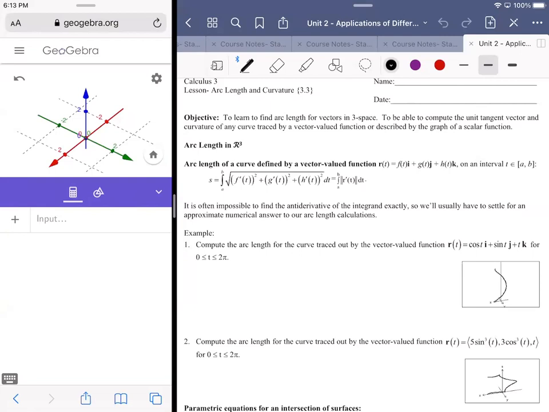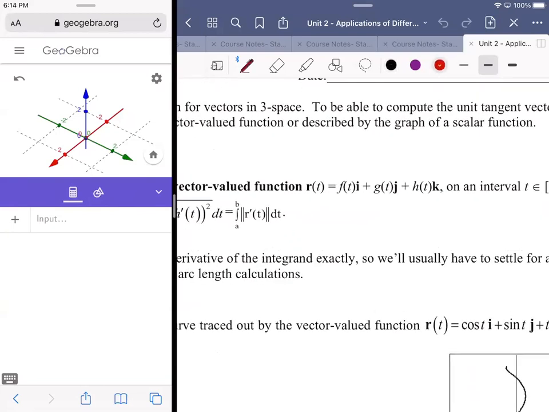And so that's actually what's happening here, because if I were to take the magnitude of the derivative of a vector valued function, that would actually become my integrand, right? So, just to kind of justify it here, if I wanted to find the magnitude of R, not R prime, just R.